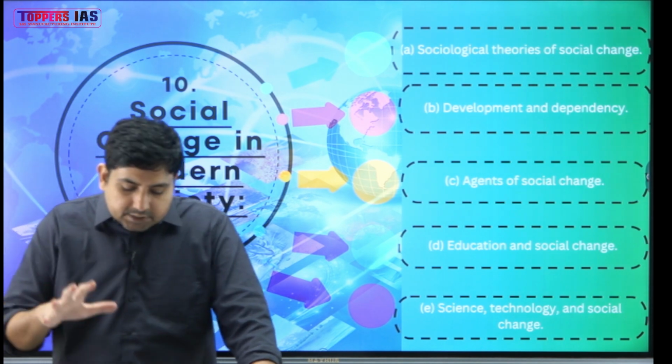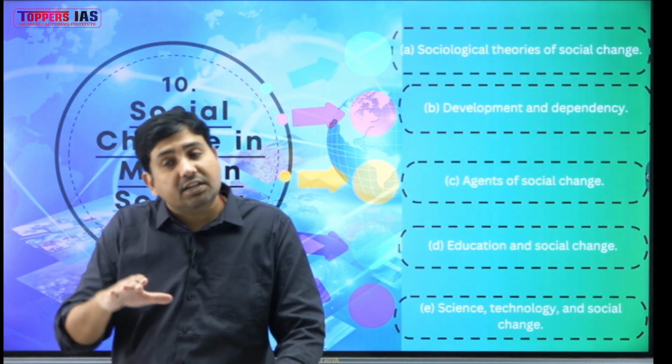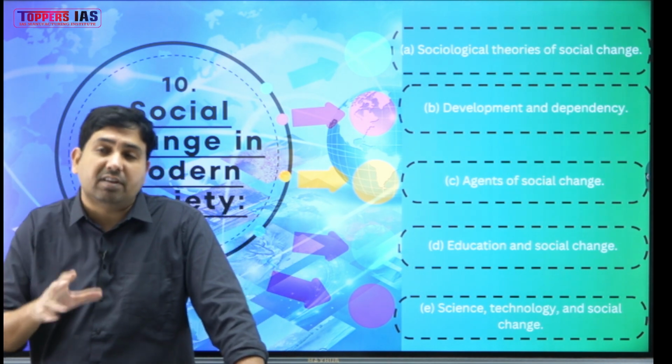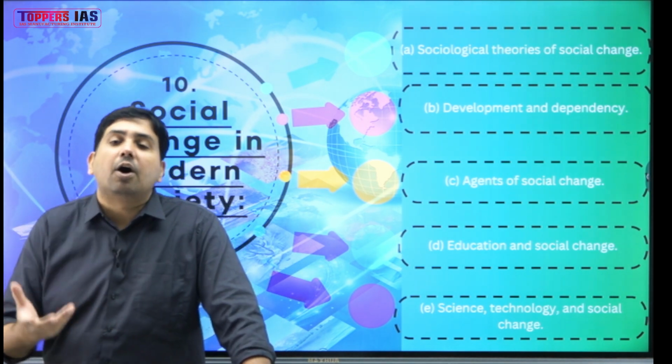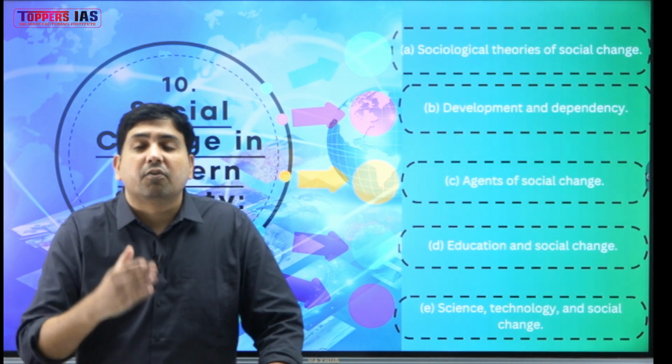Now, what is its main idea? Its main idea is that poor countries can develop. Of course they can develop, they say. But how? They say by following the path of already developed Western countries.